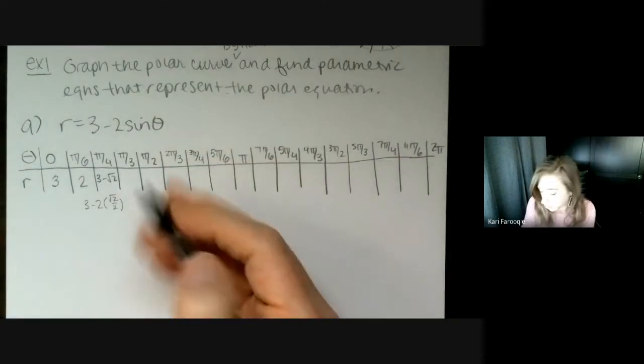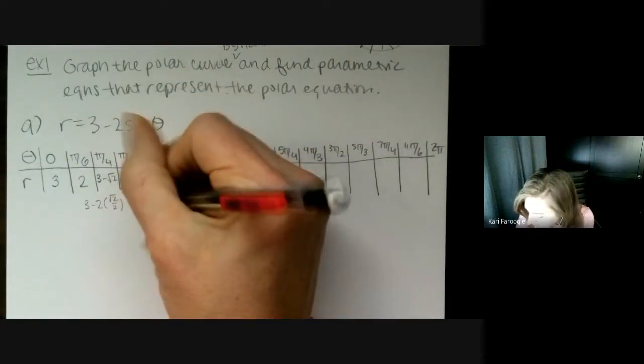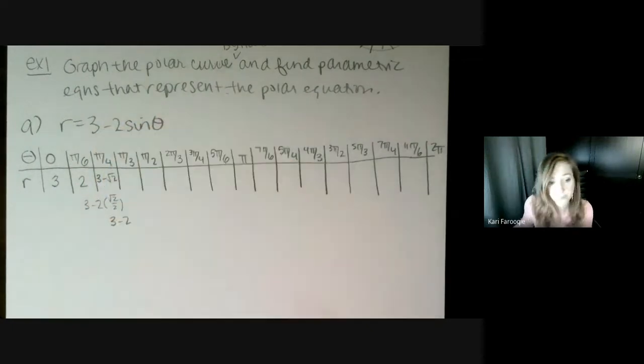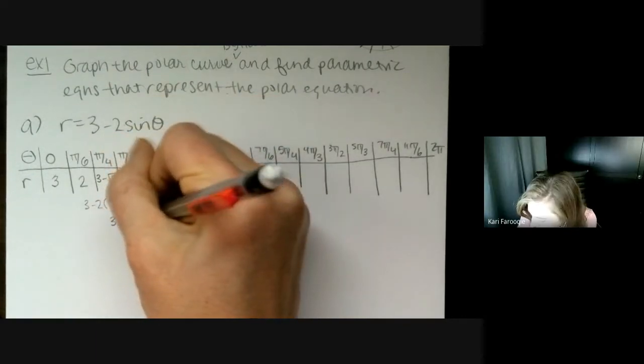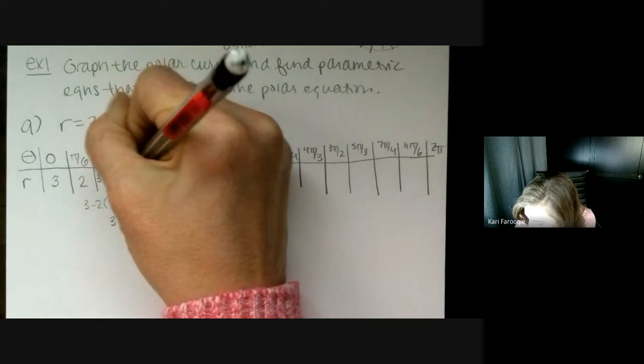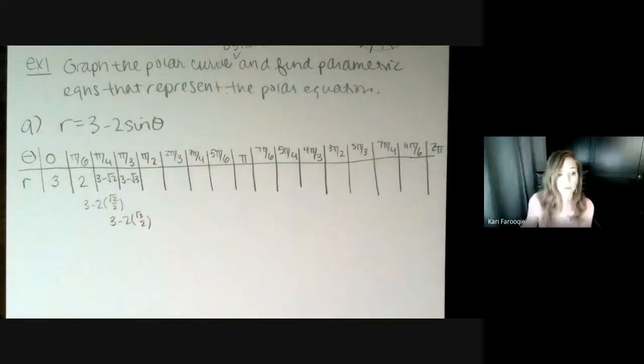For pi over 3, the sine of pi over 3 is root 3 over 2. The 2's will cancel, and you'll get 3 minus the square root of 3. I'm going to put some approximates down here in a few minutes.